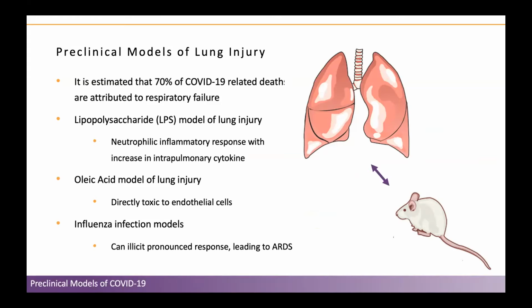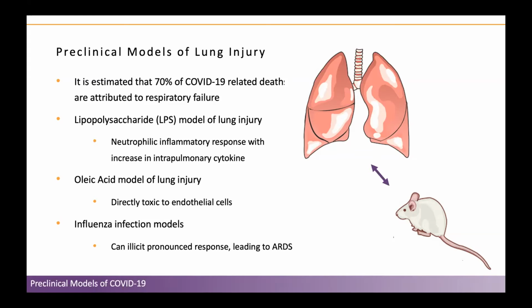So as Rachel alluded to, a huge amount of deaths are attributed to respiratory failure within COVID patients. And so similarly, it's a good area of study for preclinical models, perhaps to test disease progression again or efficacy of a particular treatment.